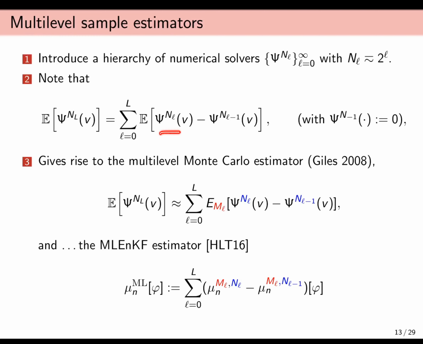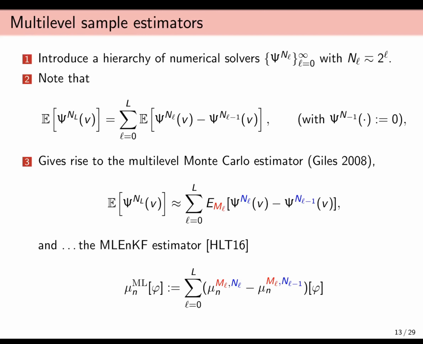And then, since I have the expectation outside of this difference, I can think of it as a pairwise coupling of the SDE solutions at the different resolution levels. So the same driving path is used at different resolution levels inside this expectation.